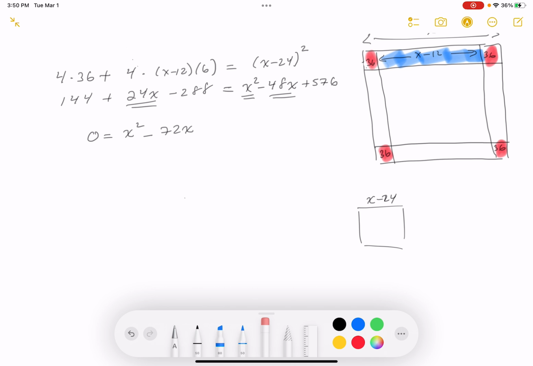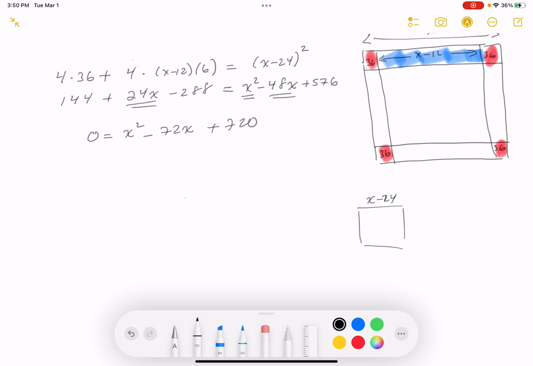It's 576 plus 144. Sorry about that. That's 0. Carry 1, 8, 12, 720. Get my eraser out. Get rid of this nonsense over here.